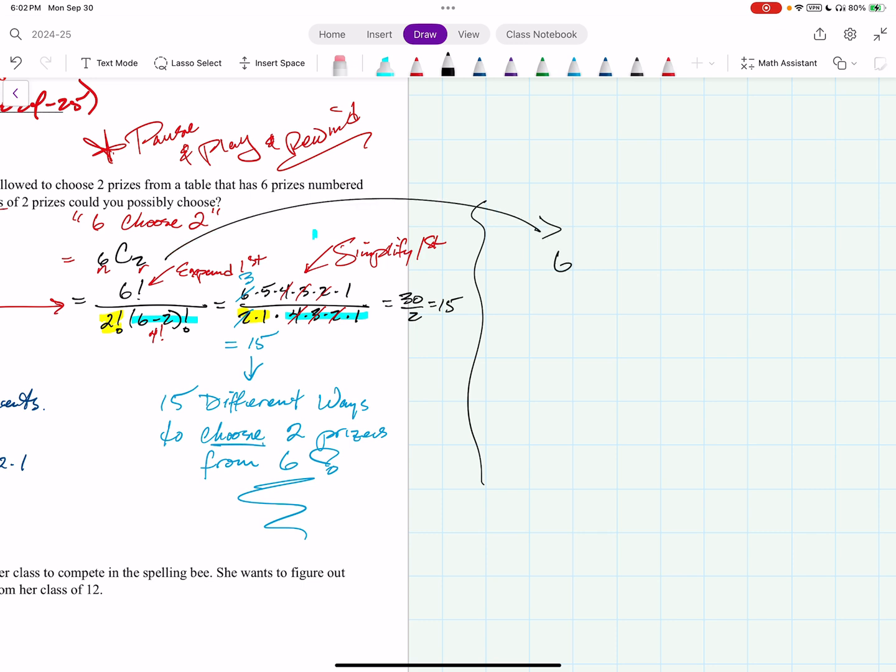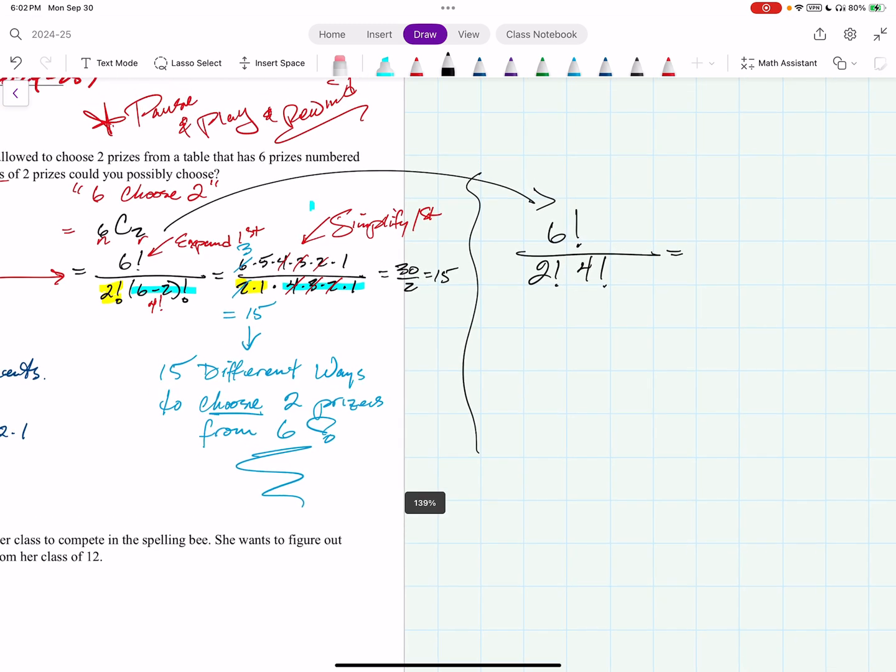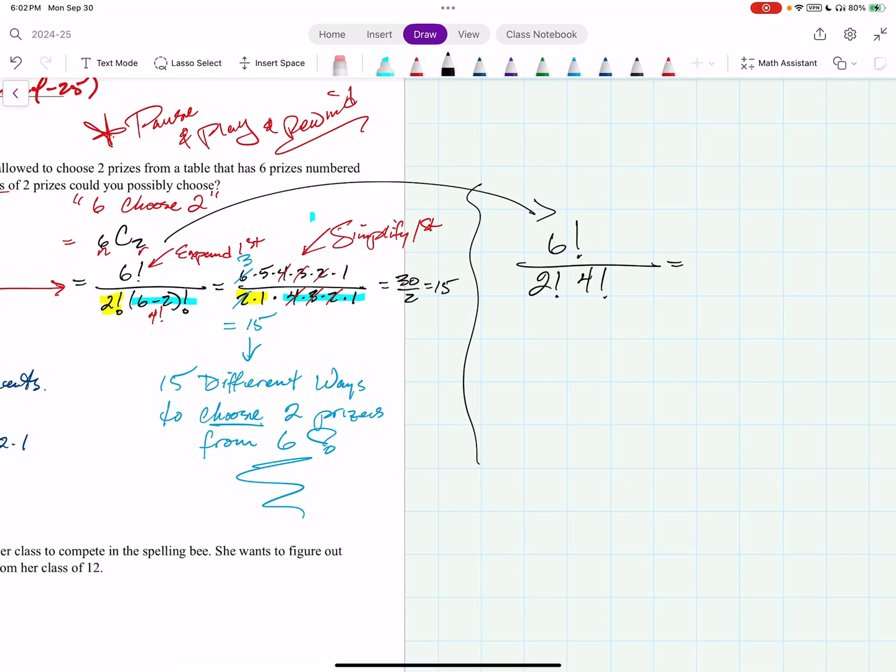You don't have to take notes. 6 factorial divided by 2 factorial times (6 minus 2) factorial, which is just 4 factorial. What I do, if I was doing this myself, is I focus in on these big factorials, and I expand the 6 factorial only down to 4, and then I stop.